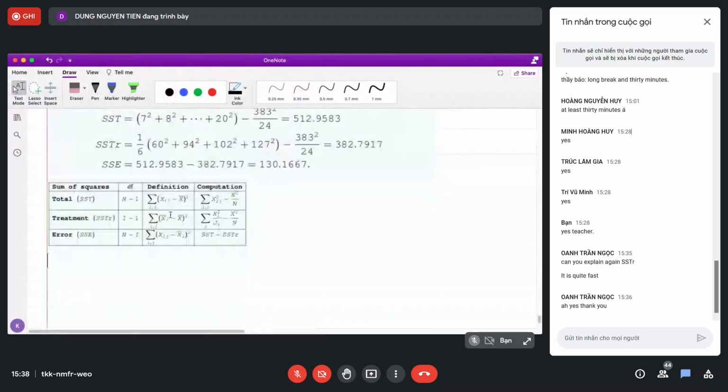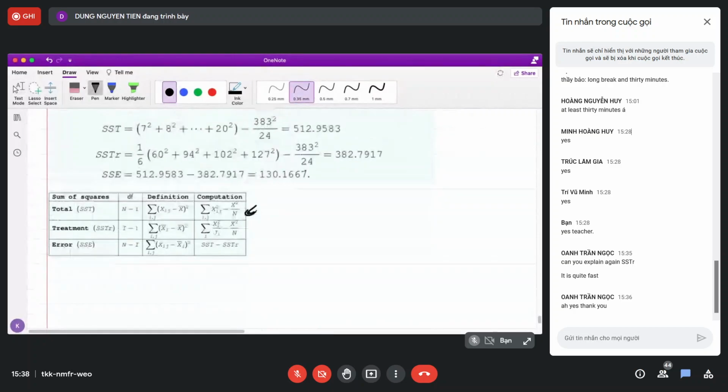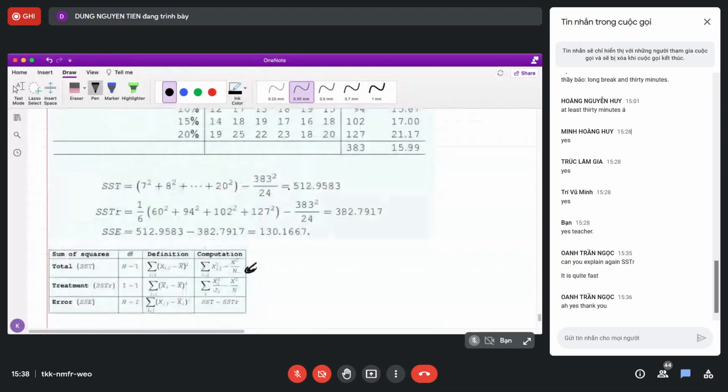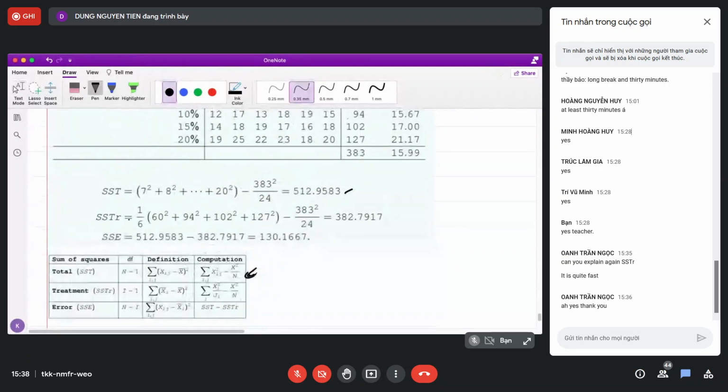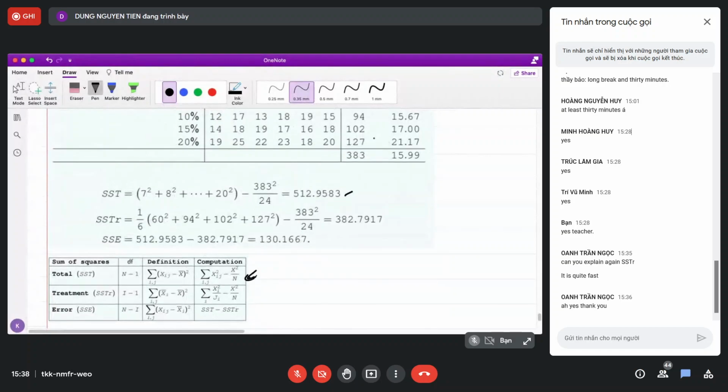So you use these formulas to get the SST. It is the sum of xij squared minus x squared. All right, and you get that one, and then SSTR, you get the average of the sum, right?